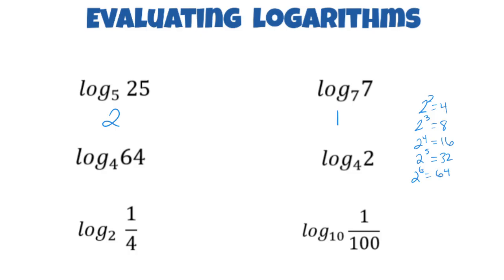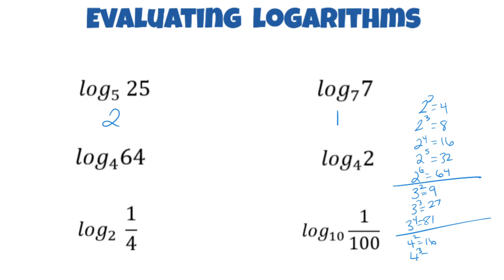Okay. But you also have to know more than just 2's. You got to know 3's. You got to know 3 squared is 9. You got to know 3 to the third is 27. You've got to know 3 to the fourth is 81. You got to know some 4's. How about 4 squared? How about 4 to the third power?